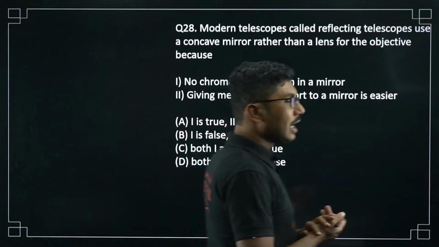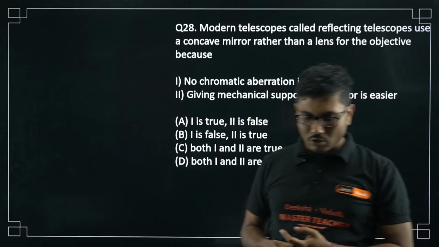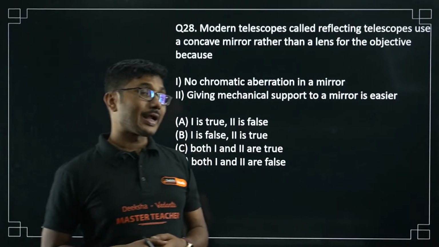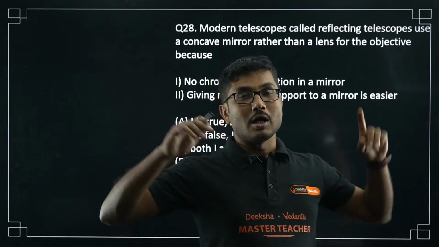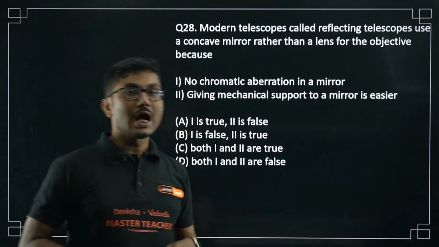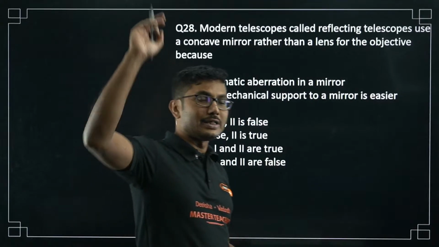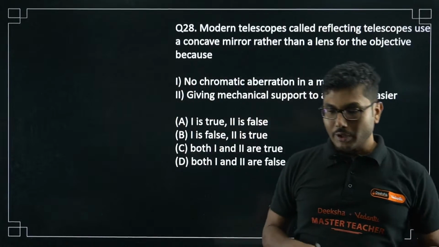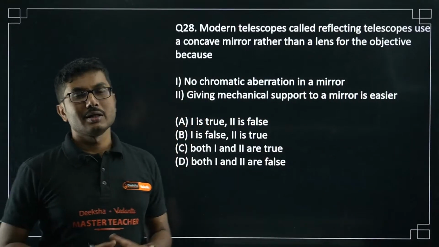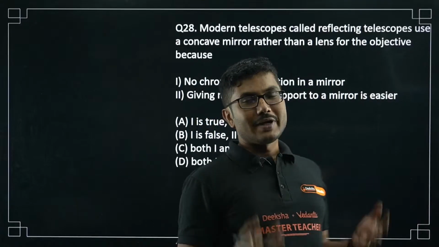If you see, refracting telescopes are not super useful, and we do not use too many refracting telescopes. One of the most well-known refracting telescopes was the Hubble Space Telescope, which is located in space, not on Earth. All the other telescopes that we use here on Earth, we generally use reflecting telescopes.